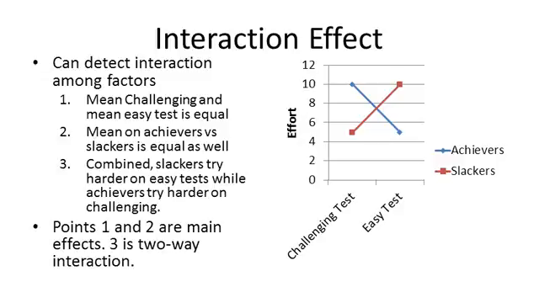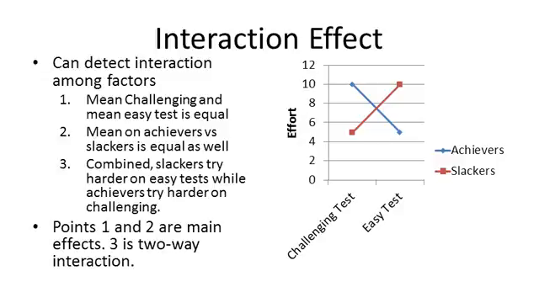In this case, if you look at the mean of the challenging test collapsed across the different types of people versus the mean of the easy test collapsed across them, you'll notice that there is actually no difference. The same thing happens when you take the mean of achievers collapsed across the type of test versus slackers. So in this case, the two main effects, the type of test and the type of achiever or slacker, don't have a significant effect.